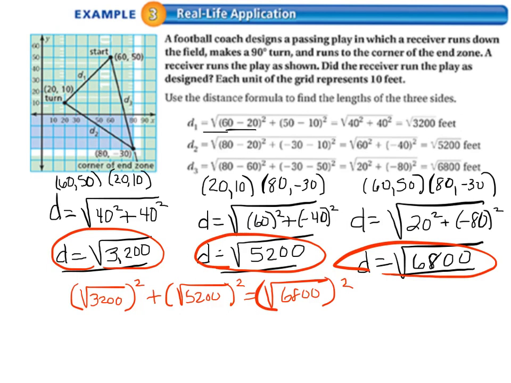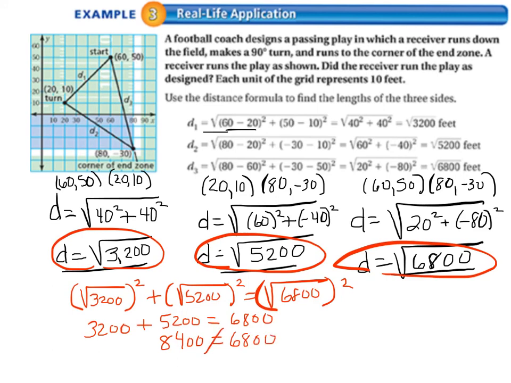The square root of 3,200, if you did that on your calculator and then squared it, you will notice that's the exact same thing, because the square root and squared are inverses of each other. So they cancel each other out. So 3,200 plus 5,200 equals 6,800. 3,200 plus 5,200 is 8,400, which is equal to 6,800.